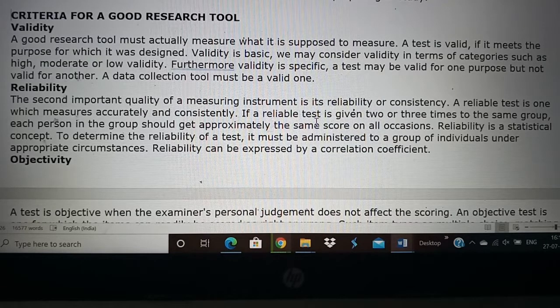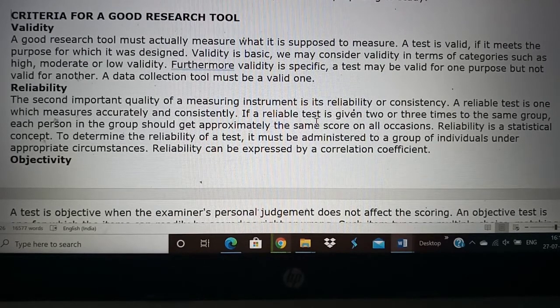It is giving a different answer at a different time. So the tool that you use for the research should be reliable in different groups and at different points of time.